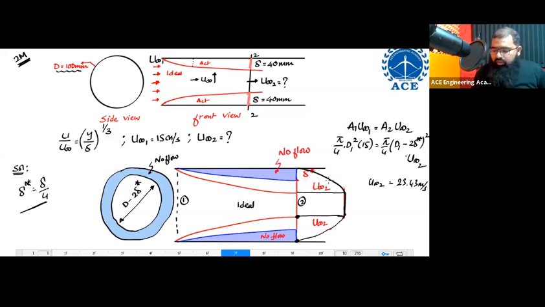Now look over here, I am basically saying that this much portion of flow, you think that it is not taking place. And I'm compensating by saying that it is taking place over here in the form of a uniform flow. I hope you are following what I have done over here. In this no flow region, I'm thinking flow is not taking place, and I am compensating it over here.